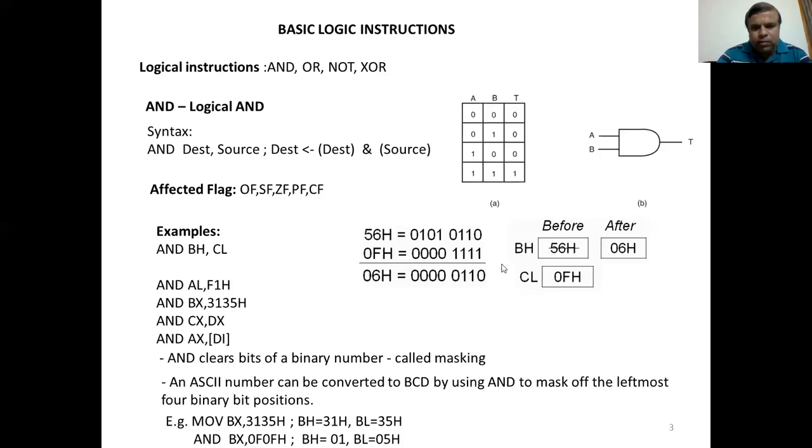And we'll assume that CL register contains 0FH and its binary equivalent is 0000 for 0 and 1111 for F.